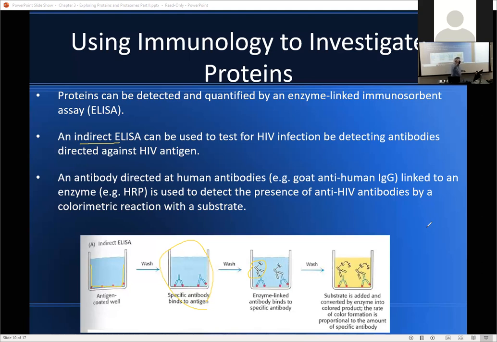So we take that goat secondary antibody and we conjugate it to an enzyme that we can detect, okay? Commonly in these experiments, the enzyme that we use is horseradish peroxidase, or HRP. Okay, HRP, let me write this down. That's horseradish, just like the condiment.